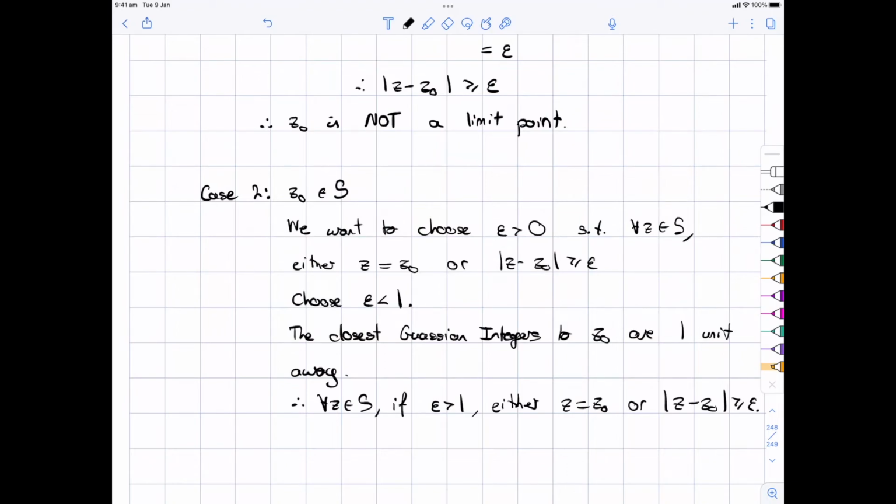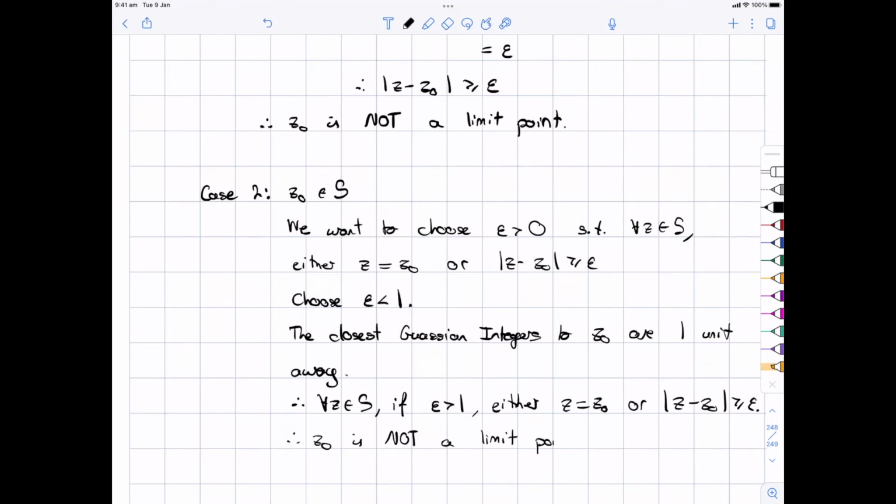Really the crux of this, the justification, is that the closest Gaussian integers to z0 are 1 unit away. That's basically justifying our claim here. And so therefore, z0 is not a limit point.